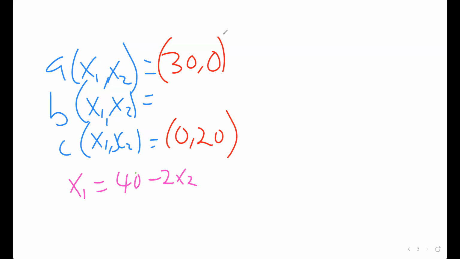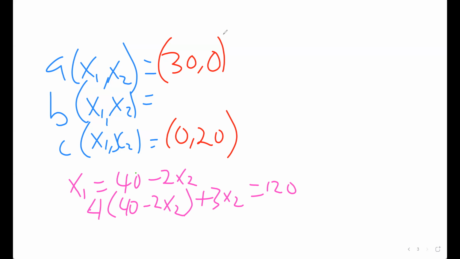That's all you're going to get for the first equation. And then you drop that into the second equation. So the second equation is going to be 4 into bracket, that x1, which is 40 minus 2x2, plus 3x2 equal to 120. That's how you're going to get it.